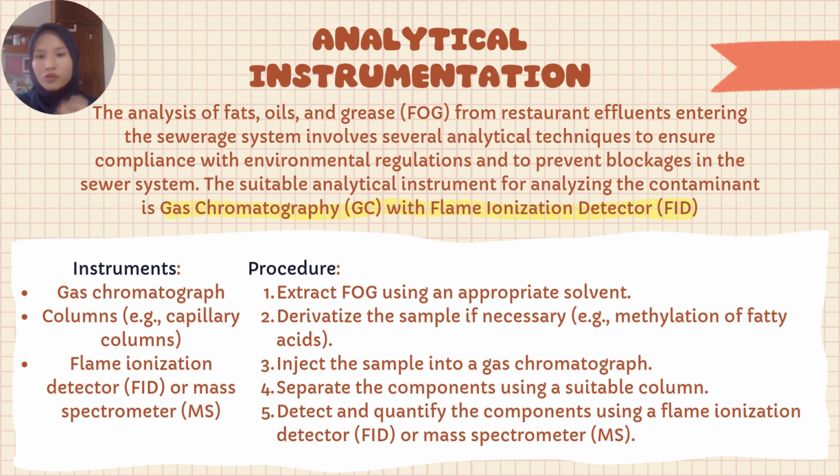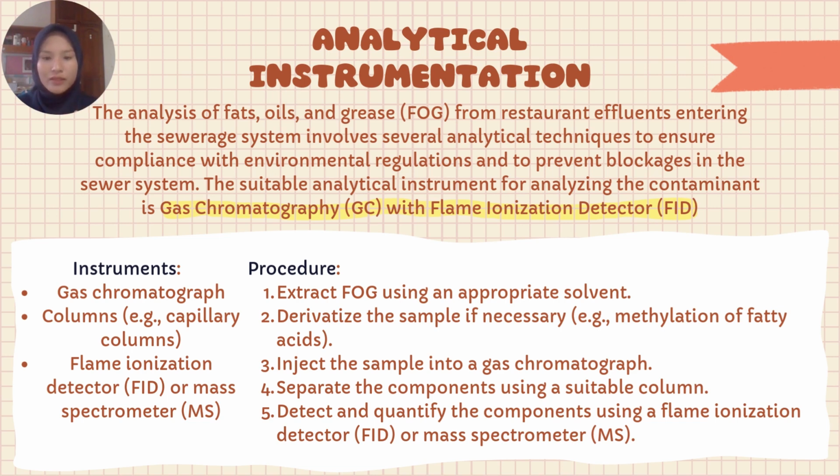So there are three instruments for this analytical instrumentation: gas chromatograph, columns, and flame ionization detector (FID) or mass spectrometer (MS). There are five steps in the procedure. The first one is to extract FOG using an appropriate solvent.